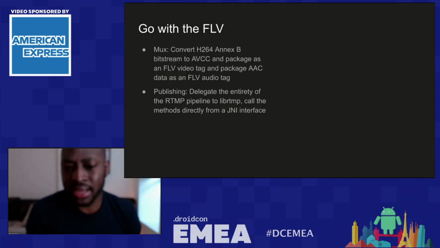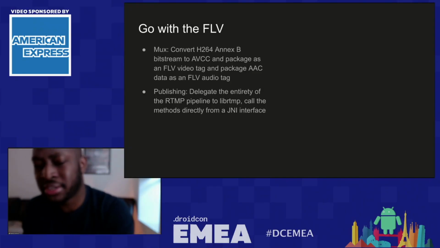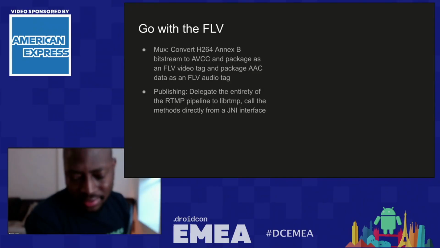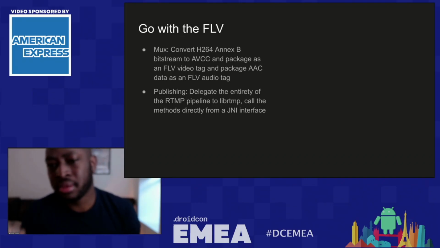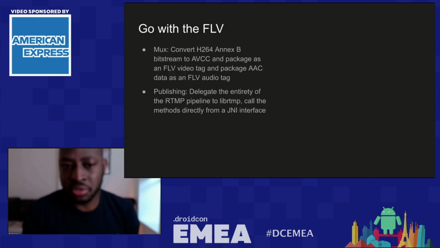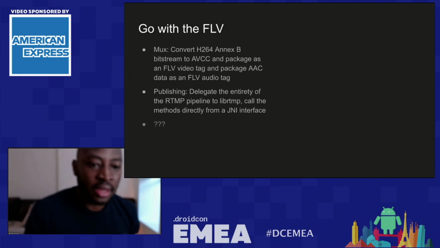Because Android has the NDK, you can literally just take librtmp, dump it into your Android project, use the NDK to build it, and call the librtmp methods from a Java Native Interface. And just like that, you have a video streamer without any extra work. You don't need to implement this yourself. It's already been done.